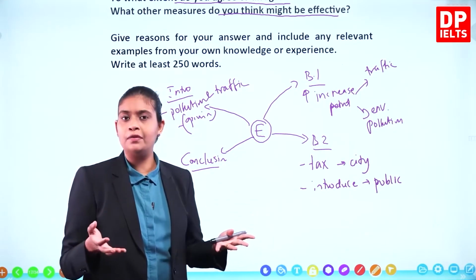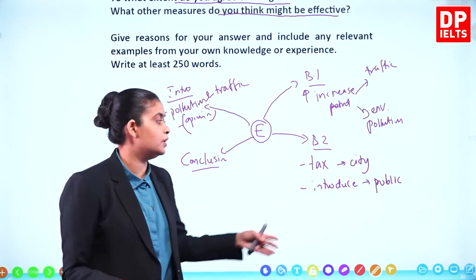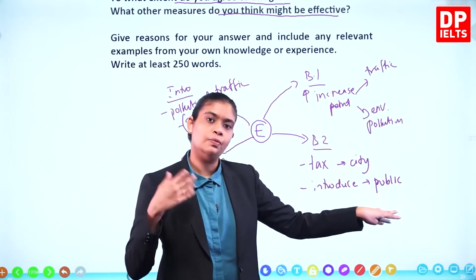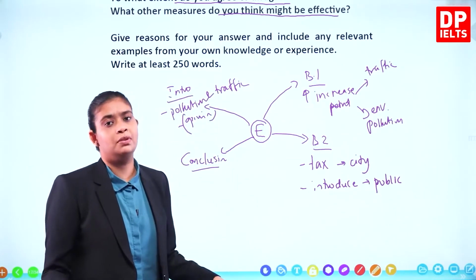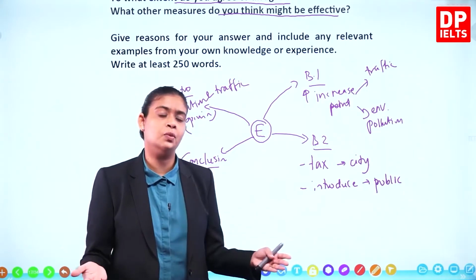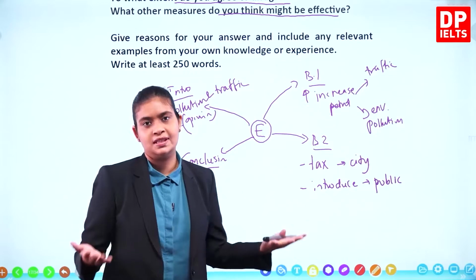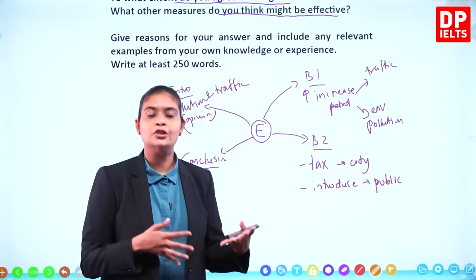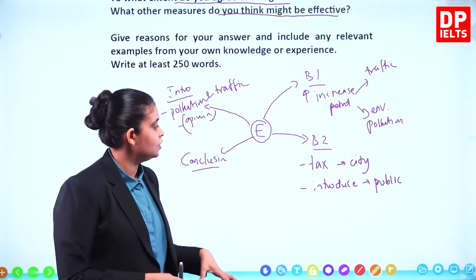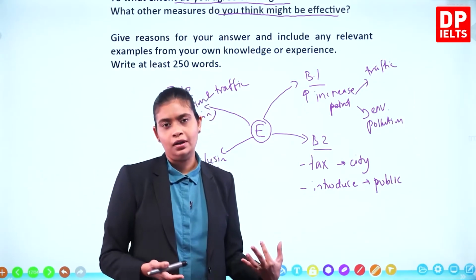So you could have those kind of AC buses, or you could improve the public transportation system to make sure that the people use more public transport. Maybe increase the frequency of buses, increase the frequency of trains traveling towards the city limits, so that people tend to use it more. Because I think in Sri Lanka what happens is lots of us go to Colombo to work, right?